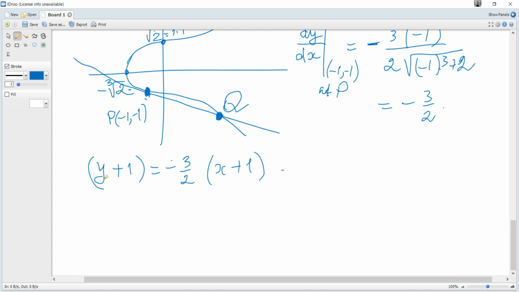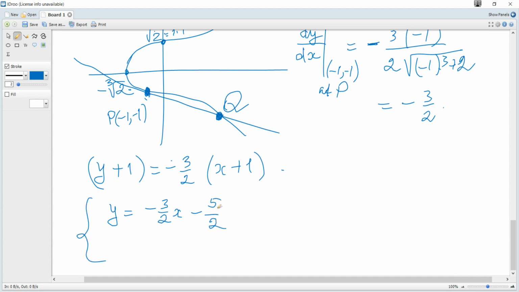The first curve is our tangent, and we can rewrite it as -3/2 x minus 3/2 minus 1, or minus 5/2.